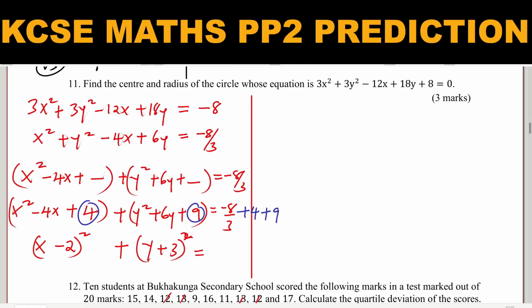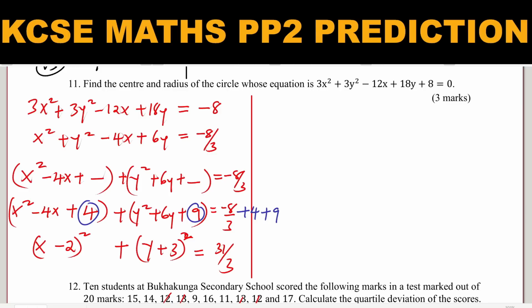That is equal to, add this, negative 8 over 3 plus 13, that will give 31 divided by 3. So already that equation is in the best form that will enable us to get the center and the radius.